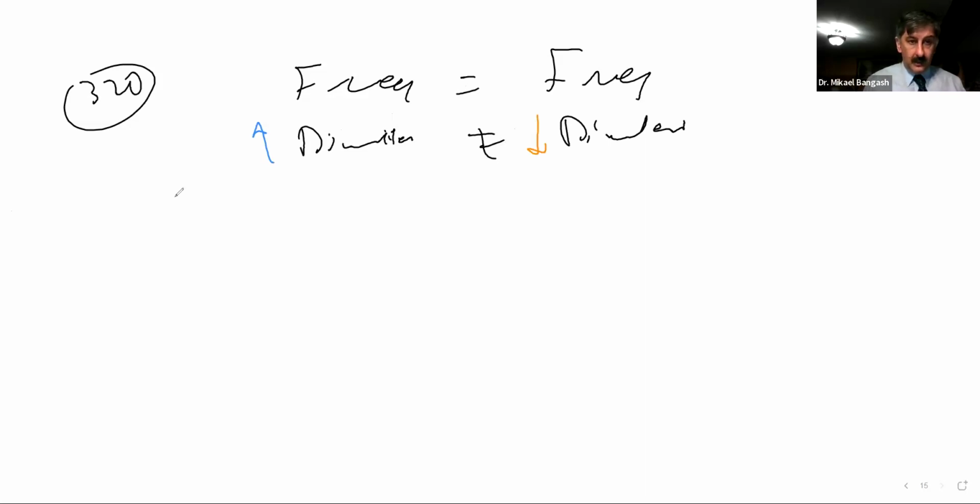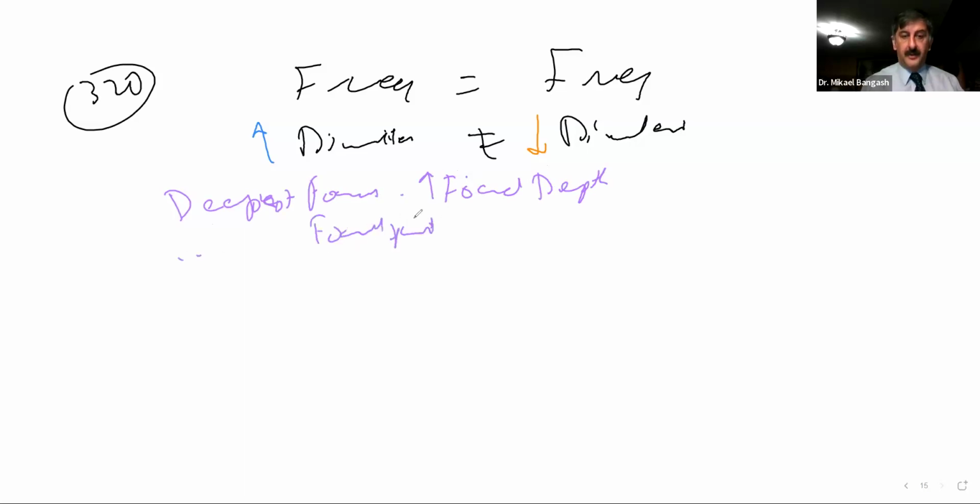Now, what they are asking is which has the deepest focus. Deepest focus mainly means greatest focal depth, or deepest focal point.